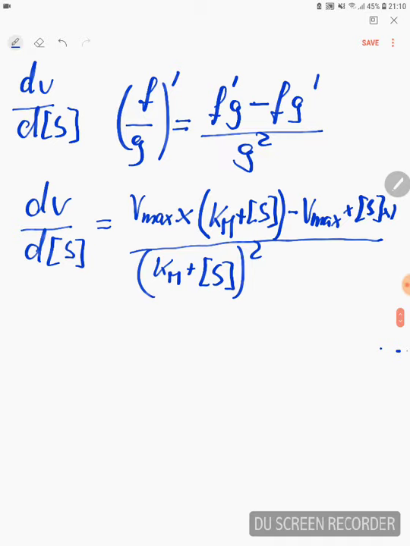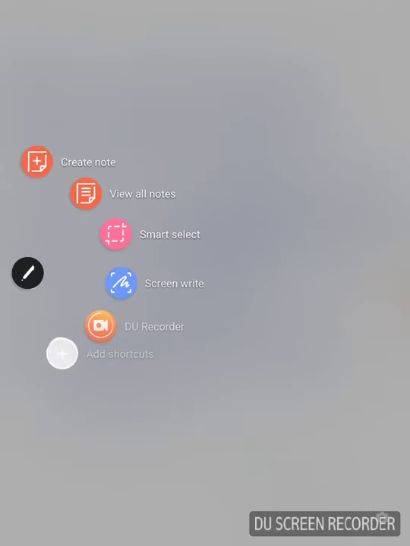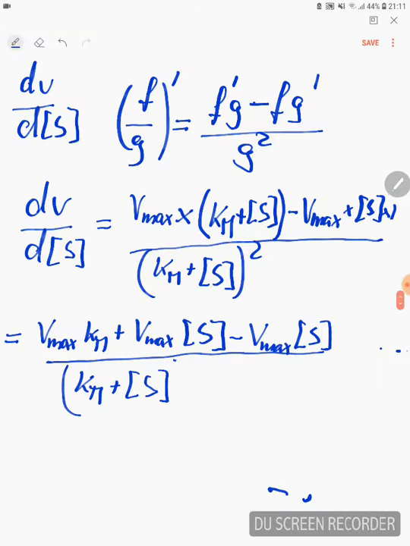We can try to get this a little bit nicer. We multiply the Vmax in, so we get equals Vmax Km plus Vmax S minus Vmax S, divided by Km plus S squared.